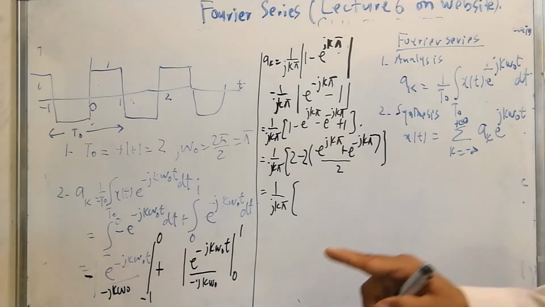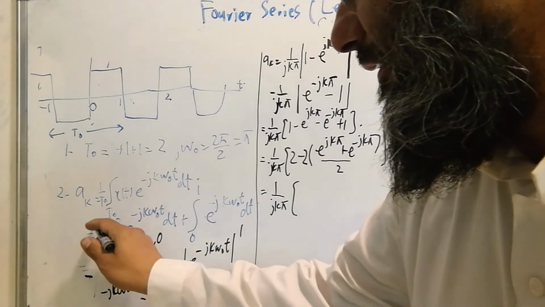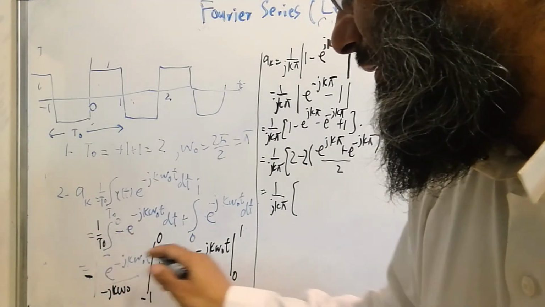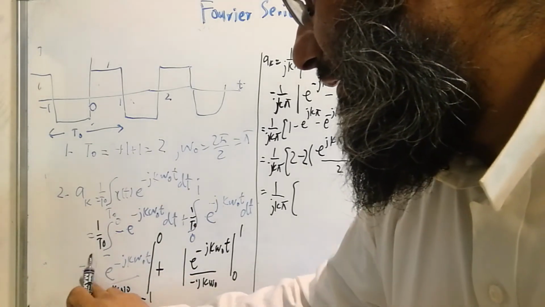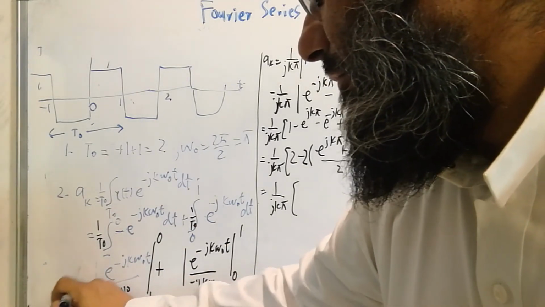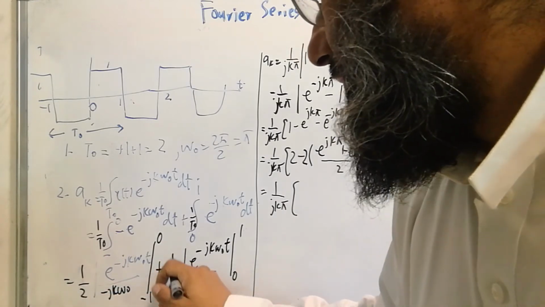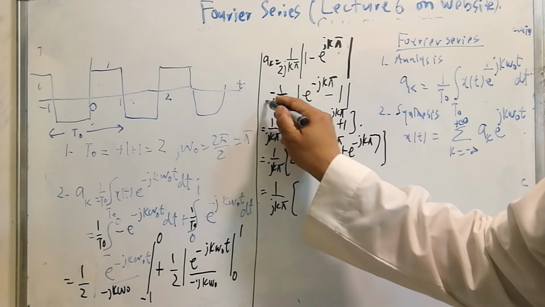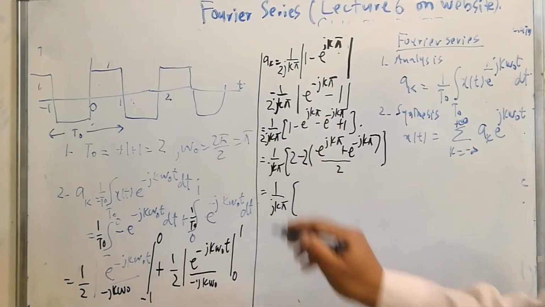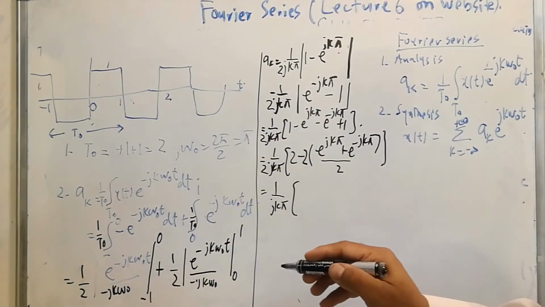Actually, we forgot something here. There is a t naught here, so 1 over t naught, and t naught is 2, so I can just put it here, 1 over 2, and then there is a 2 here, a 2 here, a 2 here, and a 2 here.